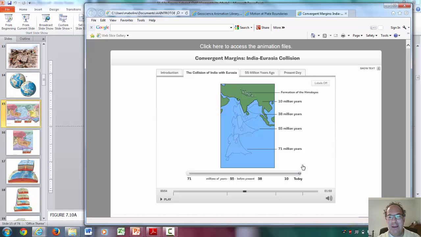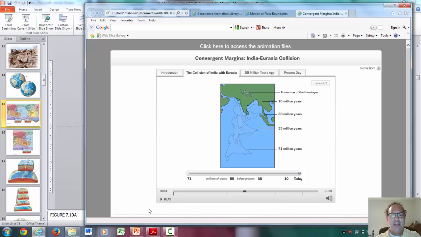The Himalaya includes the highest point on planet Earth, as measured relative to sea level, Mount Everest. So that's the third of the three subtypes of convergent plate boundaries. We've got ocean-continent, ocean-ocean, and continent-continent, the third subtype shown here.